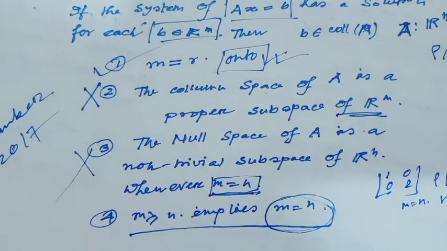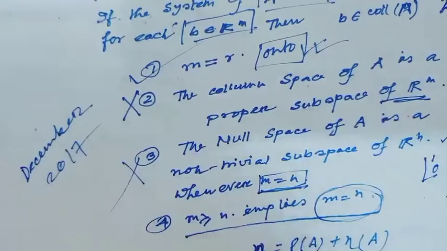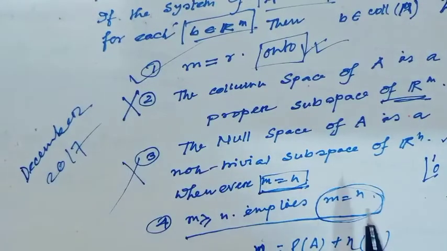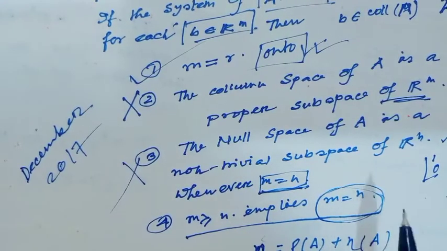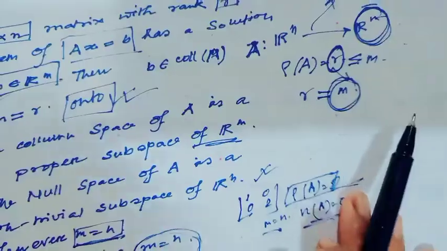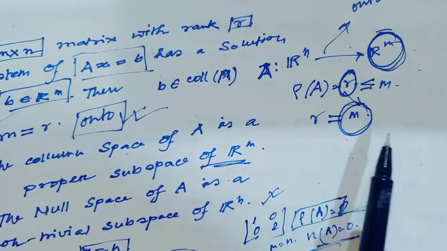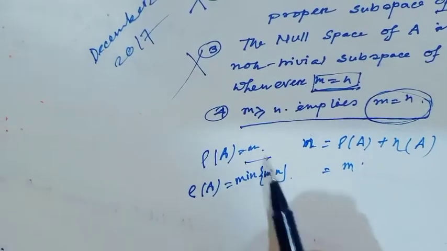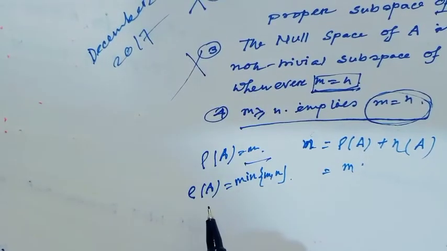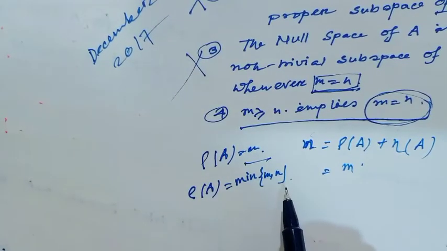And option 4, if m greater than or equal to n, that implies obviously m equal to n. Here I have got the rank of the matrix is m. Also we all know the rank of the matrix is at most the minimum of m comma n.